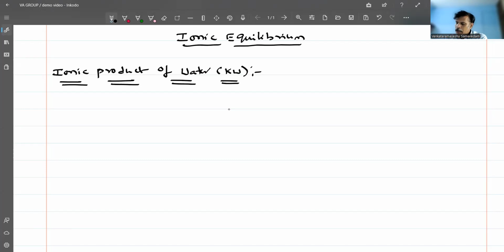So if you want to know about ionic product of water, first you have to know what is meant by strong electrolyte and what is meant by weak electrolytes.